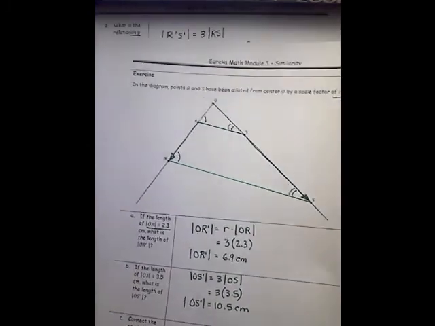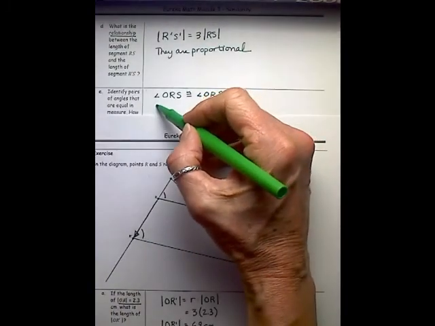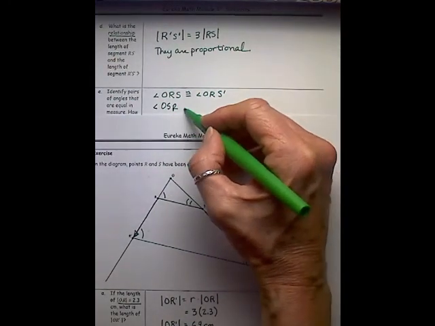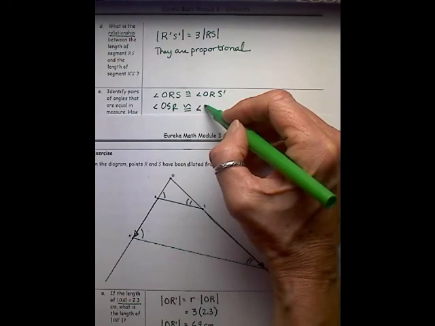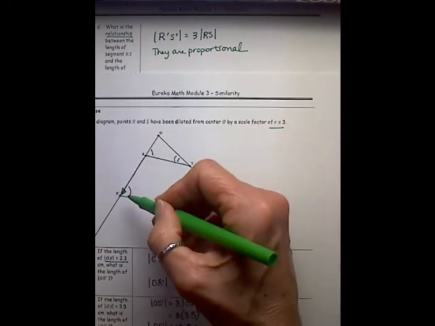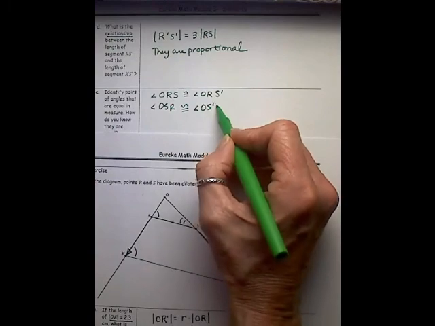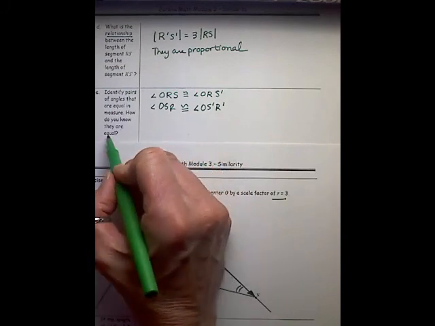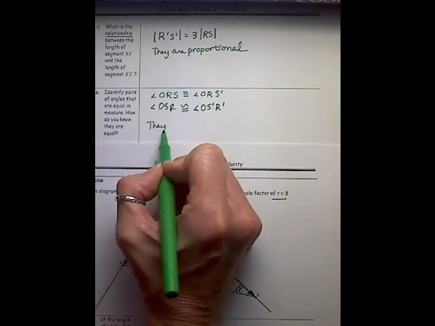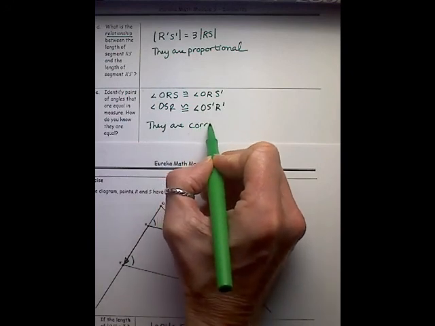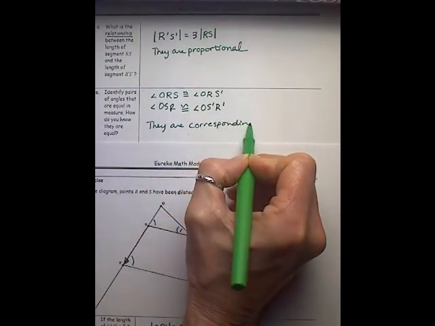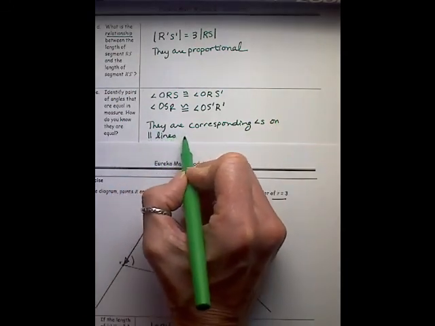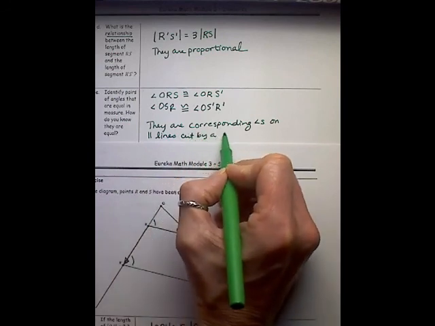So another pair of angles that we can add to our list here is angle OSR is congruent to angle OS prime R prime. Okay, how do I know that they are equal? They are corresponding angles on parallel lines cut by a transversal.